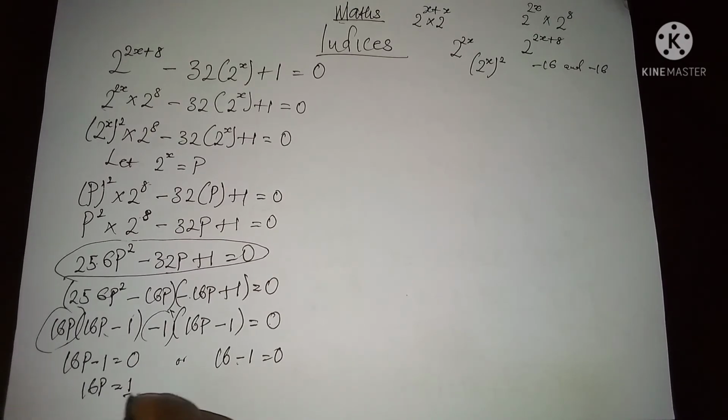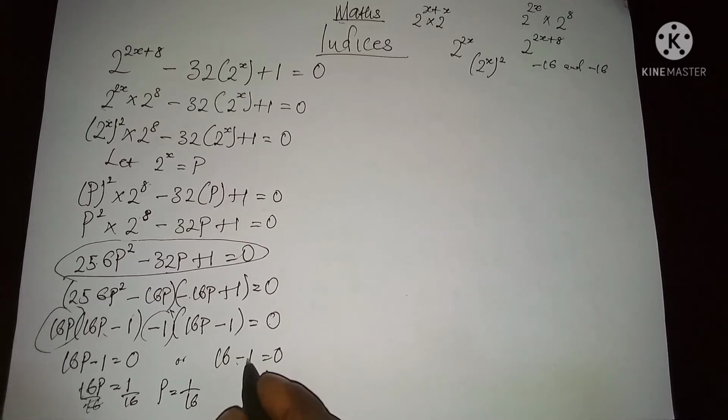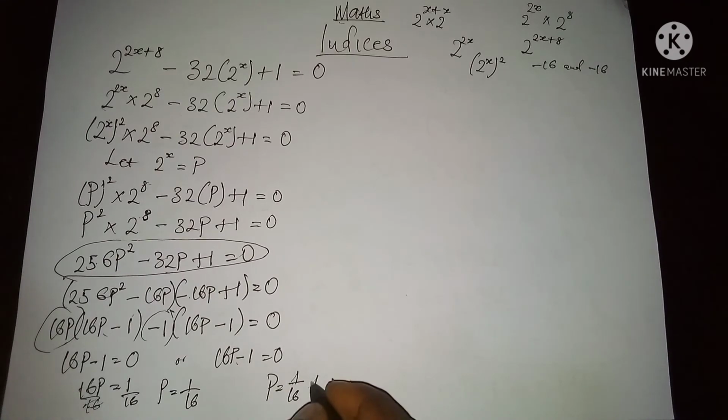Now I can divide both sides by 16, to cancel out, so p will be equal to 1 over 16. And that is the same case here, because when 1 goes to the other side, I have p equal to 1 over 16. So for the solution of this quadratic equation, p is equal to 1 over 16 twice.